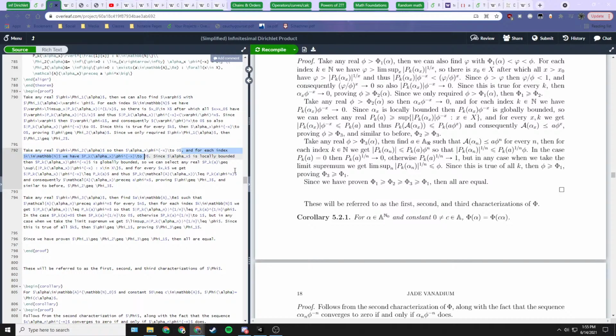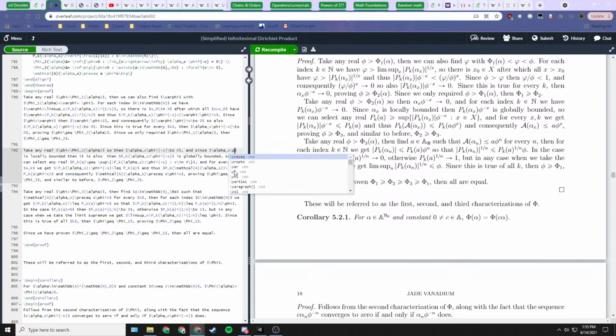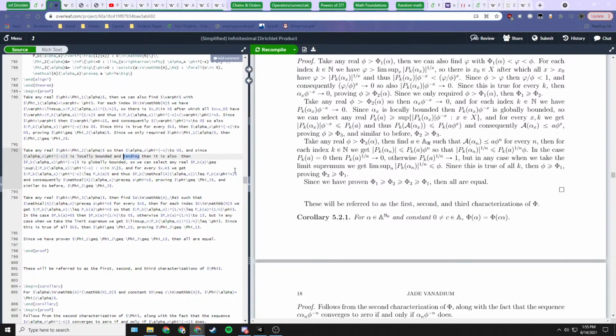And we can actually say, just immediately, locally bounded, and it is also, or rather, since alpha x phi power minus x is locally bounded and tending to 0, it is globally bounded.